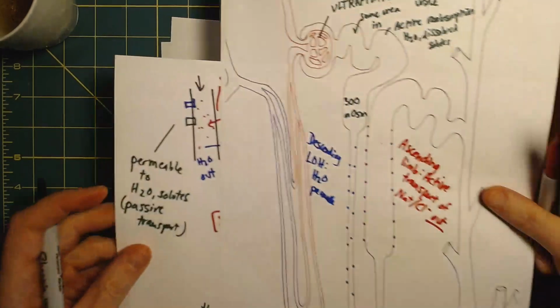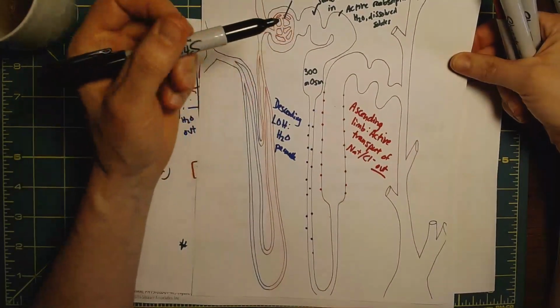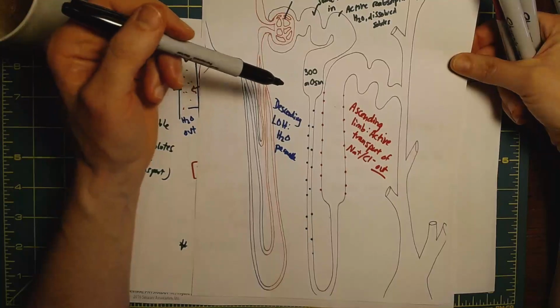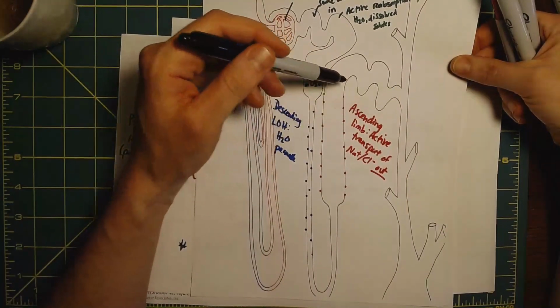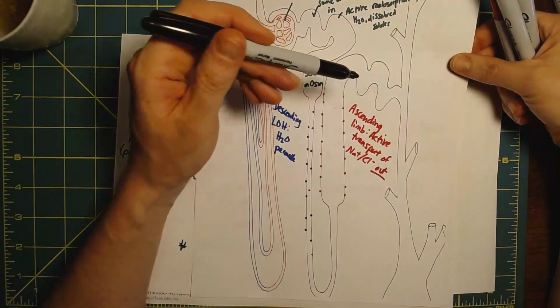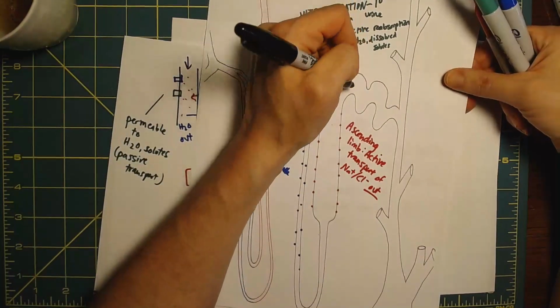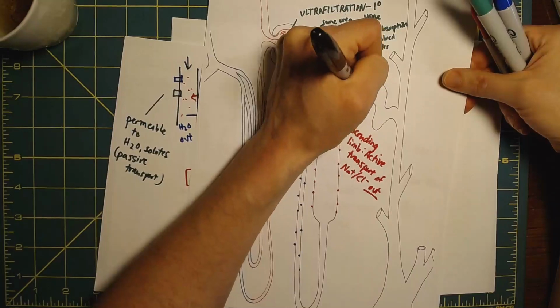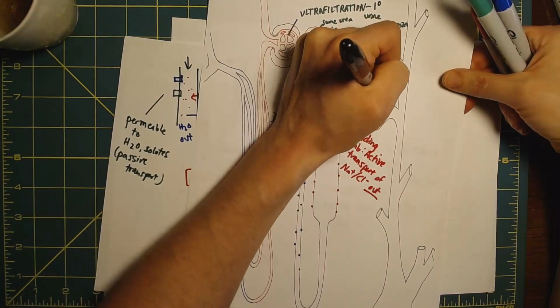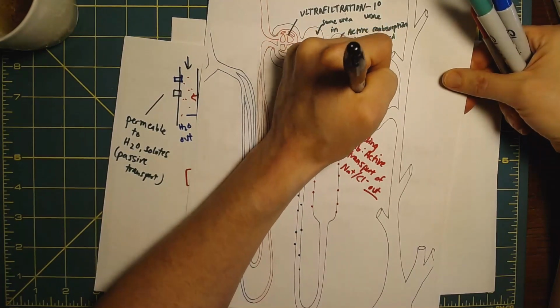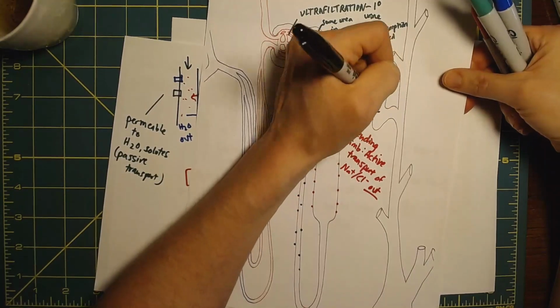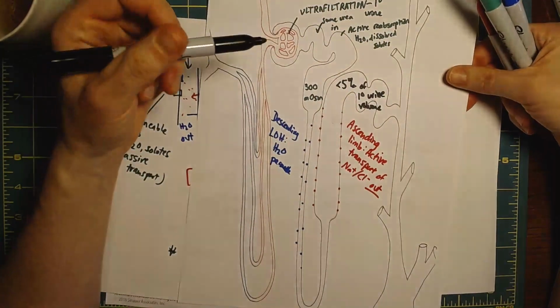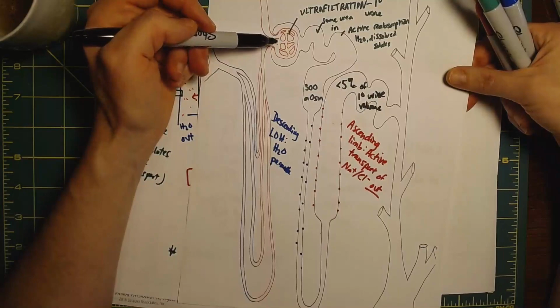And in fact, if we come back to this, by the time the fluid reaches the collecting duct, up here, we're actually at less than 5% of the original primary urine volume that was filtered in way back here at the glomerulus.